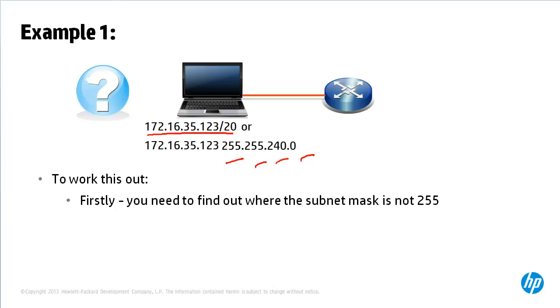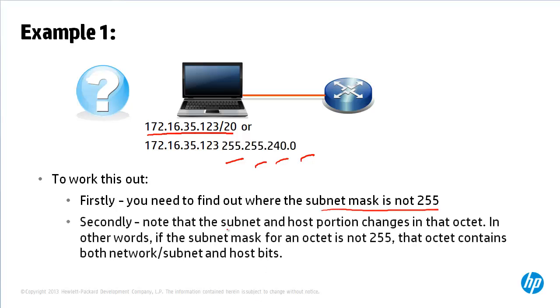So where is the split between subnet and host? Secondly, take note that the subnet and host portions change in that octet. In other words, if it's not equal to 255, it will contain network, subnet, and host bits, so just remember which octet that is.